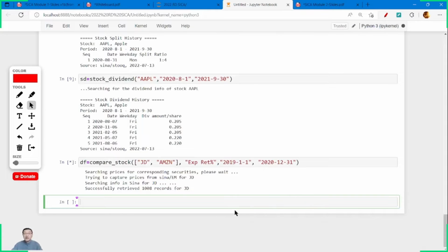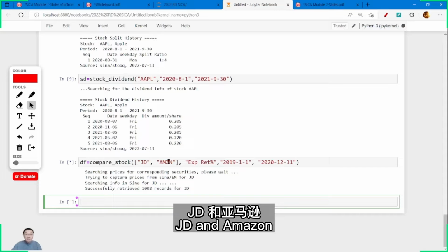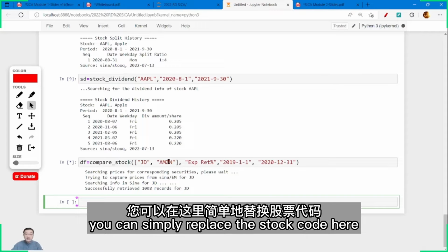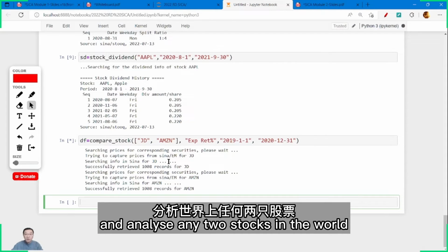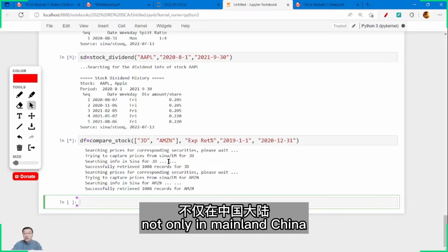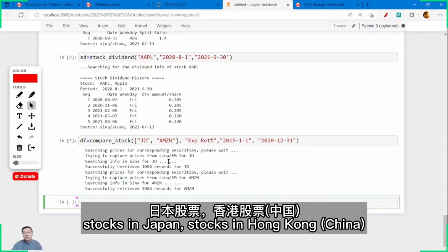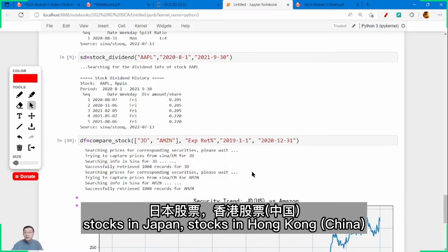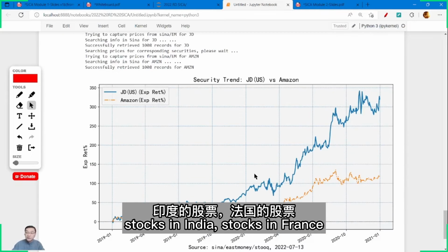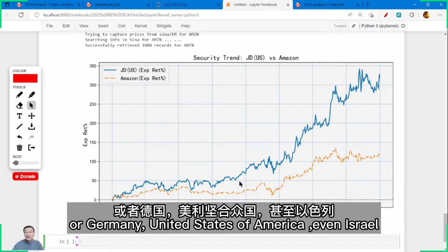Jingdong and Amazon. You can simply replace the stock code here and analyze any 2 stocks in the world, not only in mainland China, but all over the world: stocks in Japan, Hong Kong, Korea, India, France, Germany, the United States of America, even Israel. This is exactly the same as we have seen in the slides.